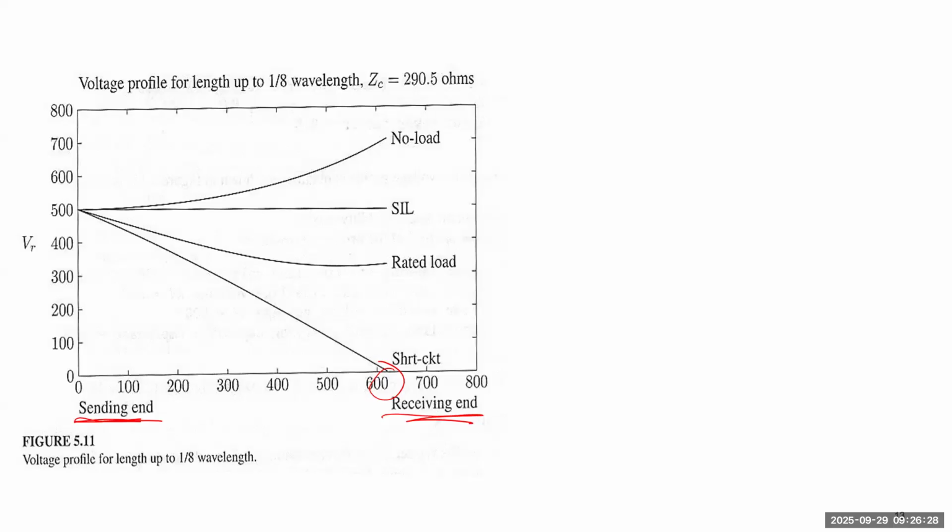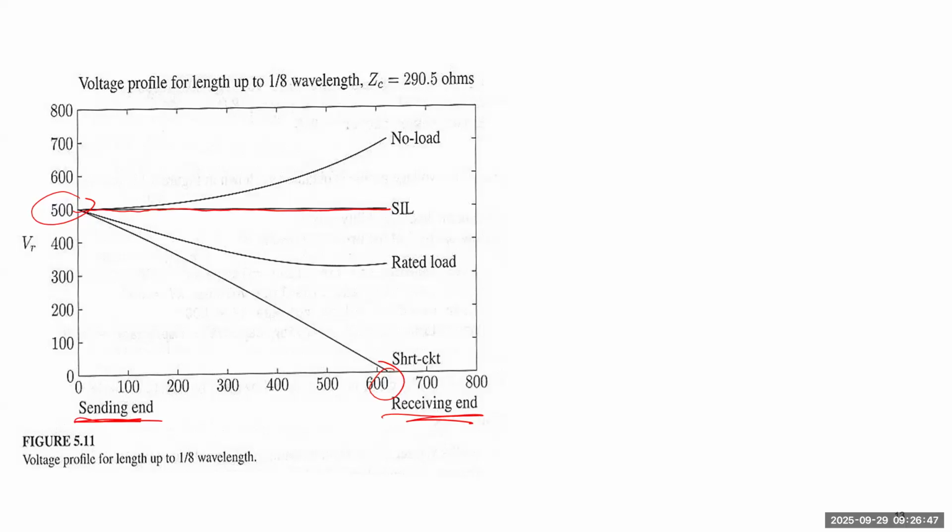When you have the surge impedance load on the receiving end, for this case of a 500 kV line, the voltage will be flat everywhere along the line. The voltage will be the same. If you measure the voltage at any point, the magnitude will be exactly 500.